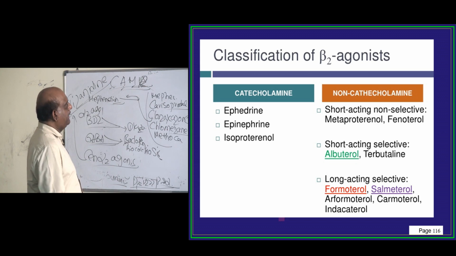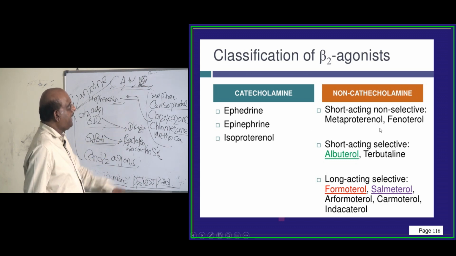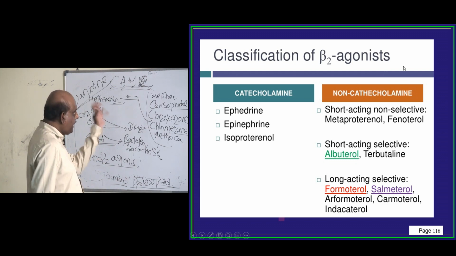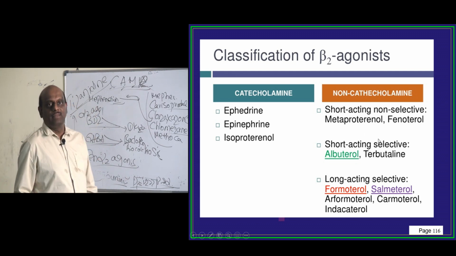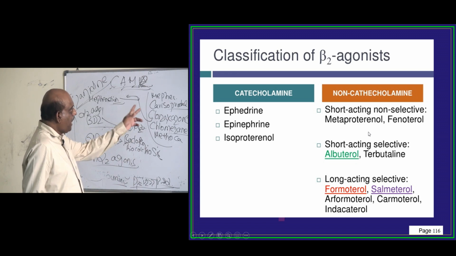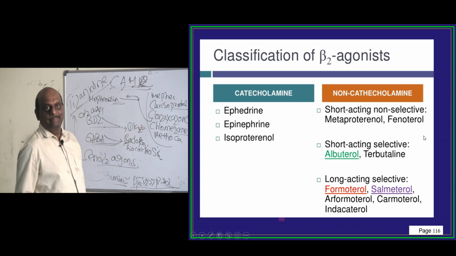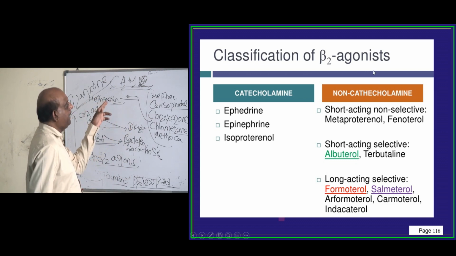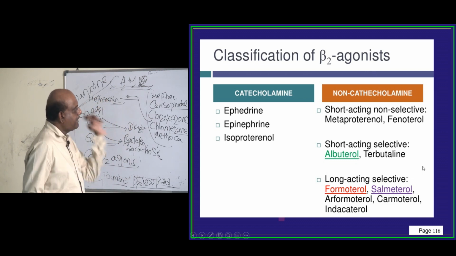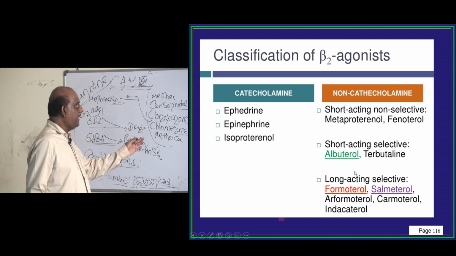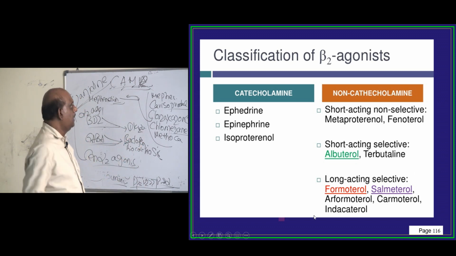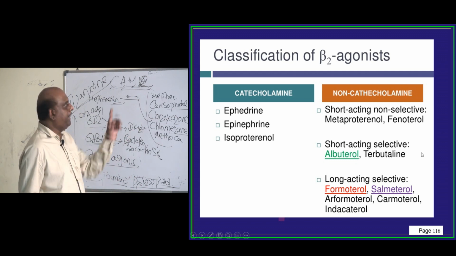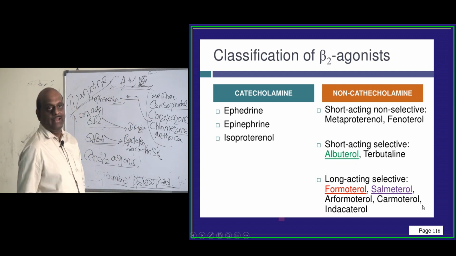So fundamentally, you have short-acting, non-selective, non-catecholamine beta 2 agonistic agents: metaproterenol and fenoterol. Then which is a non-catecholamine beta 2 agonist, which is short-acting and selective? Albuterol and terbutaline. Then which is a long-acting selective beta 2 agonist, which is non-catecholamine?